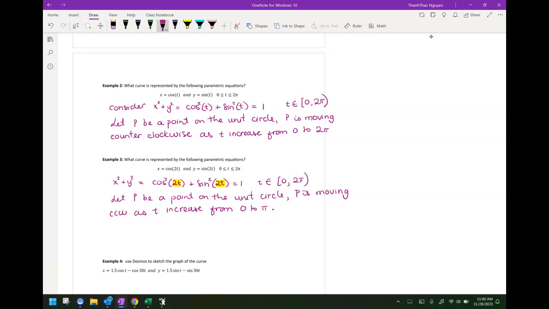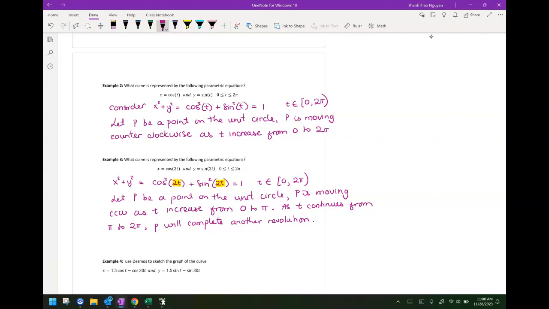Now, the other part, as t continues from pi to 2 pi, P will complete another revolution around the circle. So what this means is that the point P moves around the circle twice.